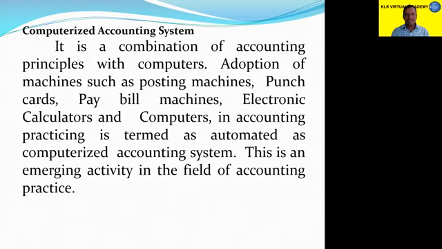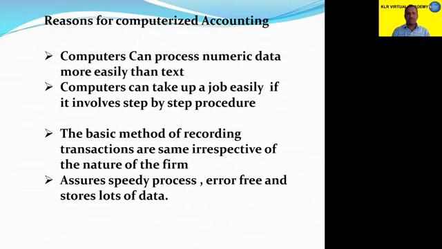The adoption of machines such as posting machines, punch cards, pay bill machines, electronic calculators, and computers, the so-called computerized equipment, if used in the accounting process, is called a computerized accounting system. Now we are living in this computer driven world. This is what we covered in the previous session. Now we'll move to the actual topic.